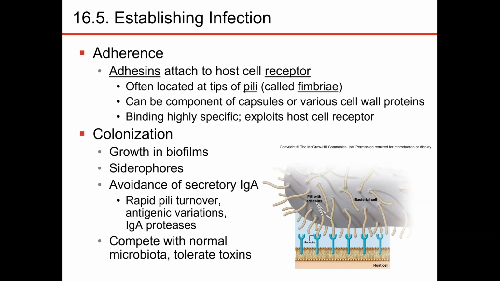This protects the microbes from the immune system, as well as any potential drugs that the host takes. They're also going to have to be able to compete with the host microbiota and tolerate any potential toxins that the host microbiota release.